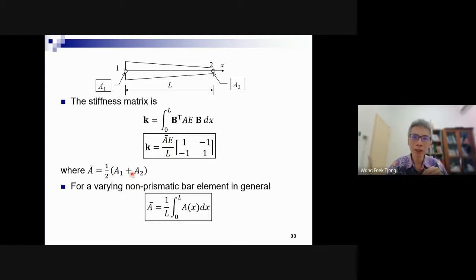So this is the average area. In other words, taking the area in the middle of the element, the average area, is exactly the same, for a linear bar element, as using the non-prismatic bar.